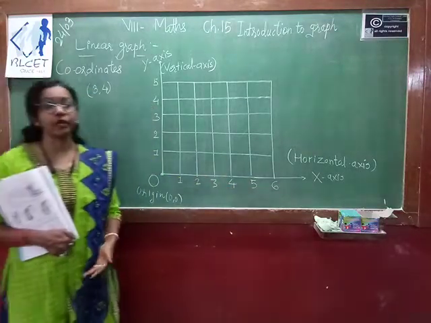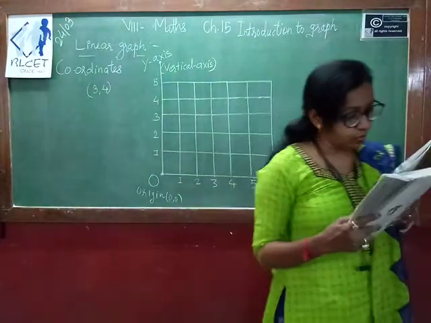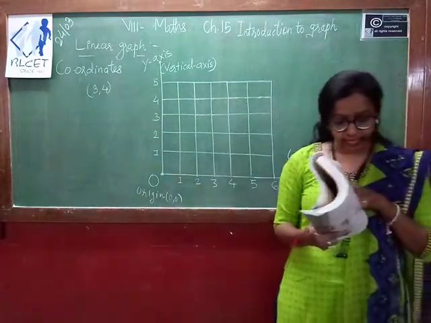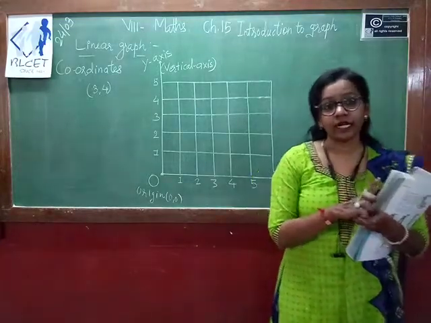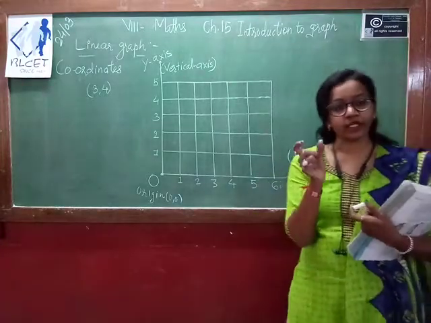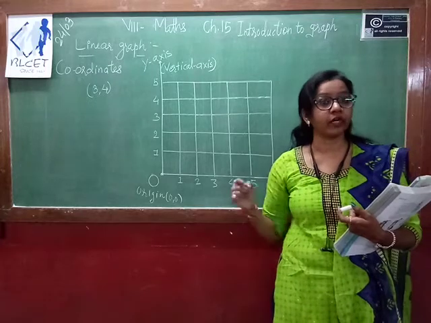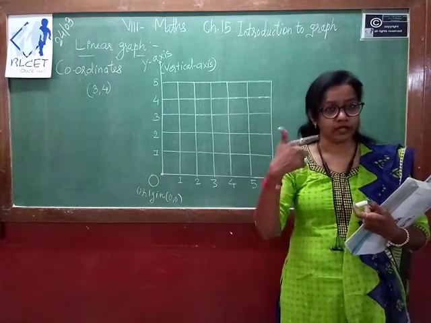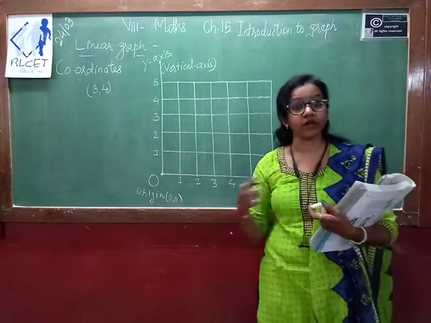Now how can we locate the points? Let's see. Suppose you go to an auditorium and search for your reserved seat. How can we search? You can search column-wise and row-wise. The number is written on your seat, whether it's K1, K2, K3, K4. According to that, K represents your column and the number represents your row number.